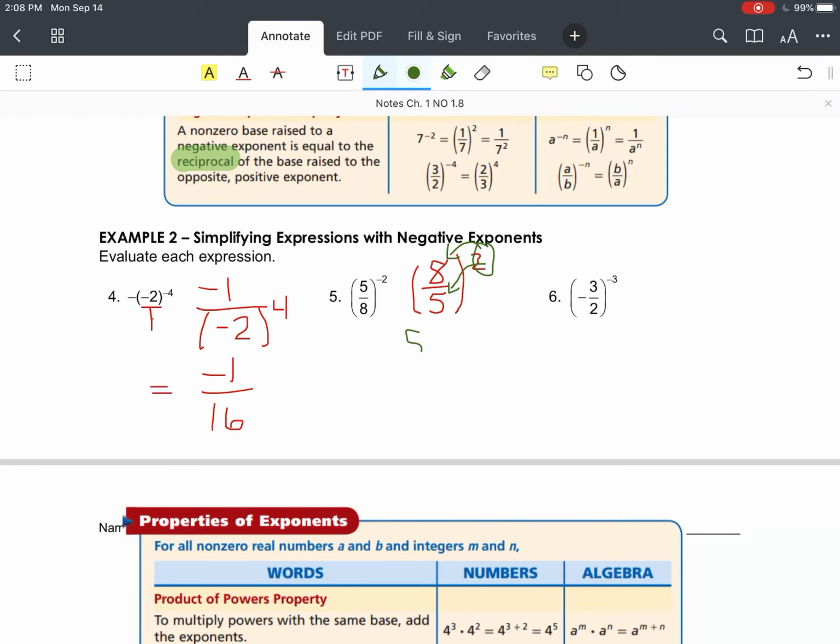So it's going to be 8 to the 2nd power over 5 to the 2nd power. 8 times 8 is 64. 5 times 5 is 25. So that is your answer for number 5. Pause the video and try number 6 on your own.